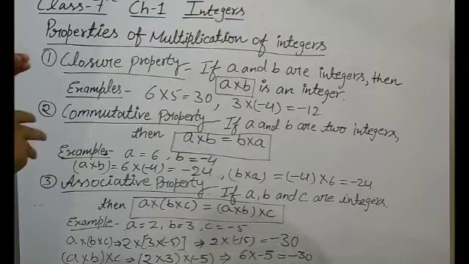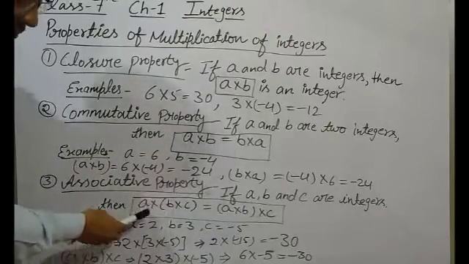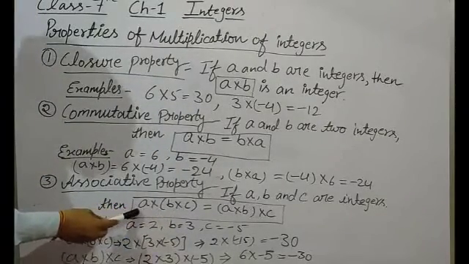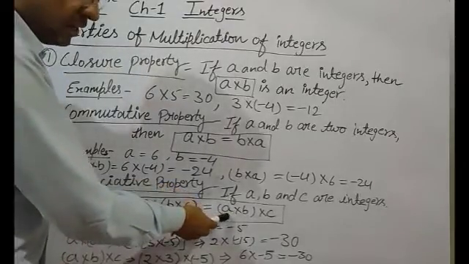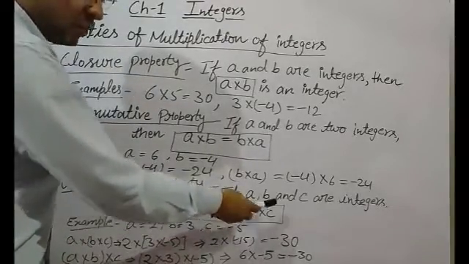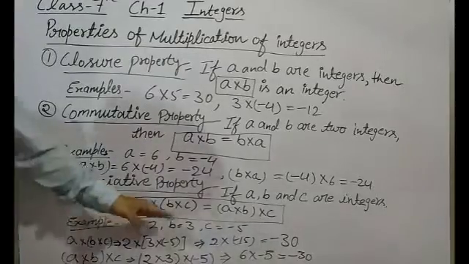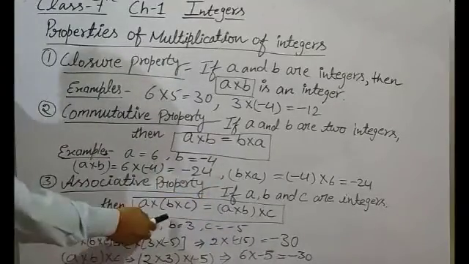There is no change in the answer. Suppose we first multiply b and c, then multiply a. And then we first multiply a and b, then multiply c. There is no change in the answers.